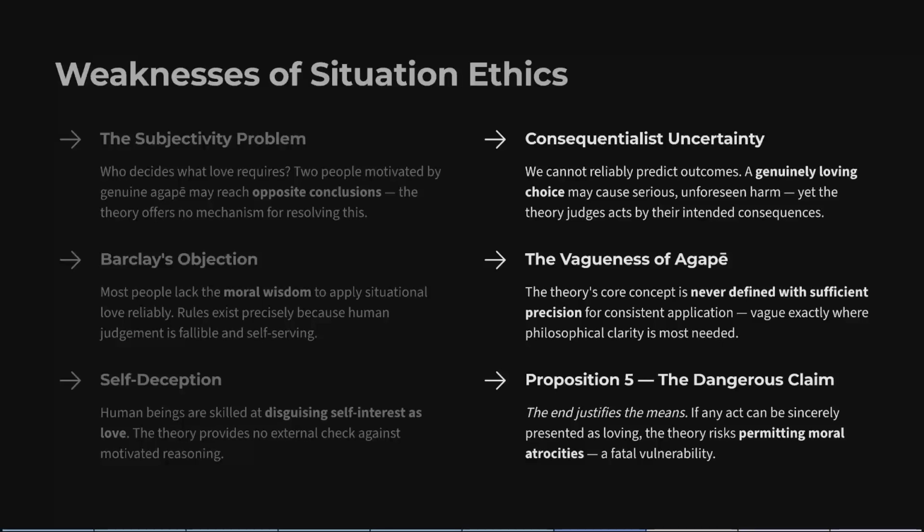Coercive interventions, forced conversions, paternalistic cruelties, all motivated by a genuine conviction that love required them. And Fletcher's response that the end must genuinely be agapē, not disguised self-interest, is important. But it relies entirely on the moral seriousness of the individual. And as William Barclay observed, that seriousness cannot be assumed.